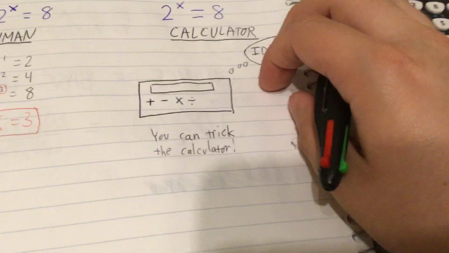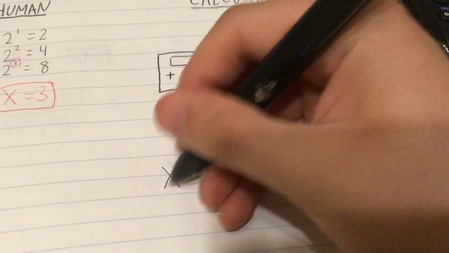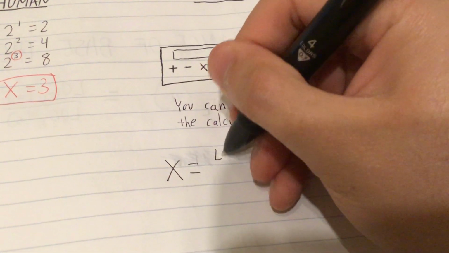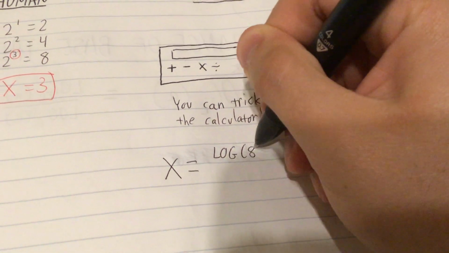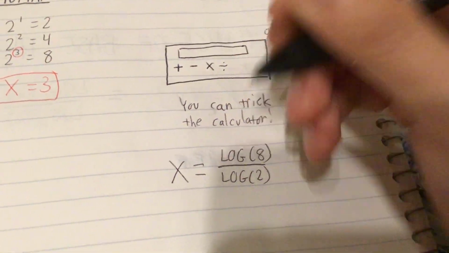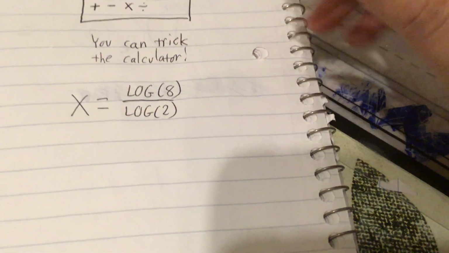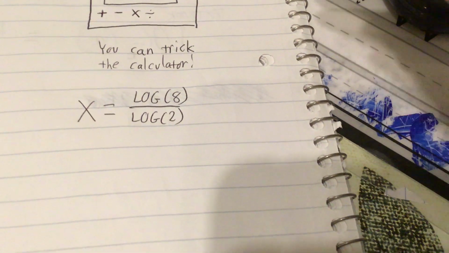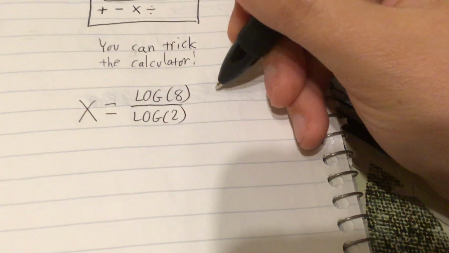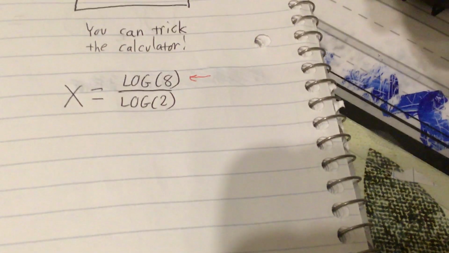So what you can do is give it this little magic trick, and it says x is equal to the log of 8 divided by the log of 2, and I'll explain it in more detail later, but now that we know what the log button does, I'm going to break this up into 2 steps. I'm going to do red for the top part and green for the bottom part.